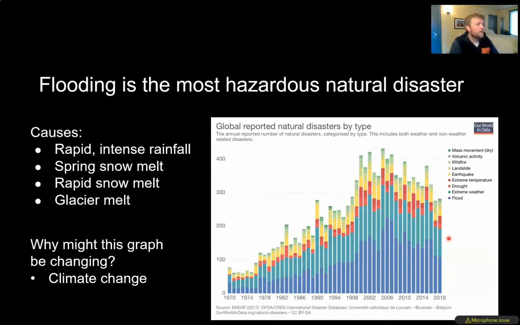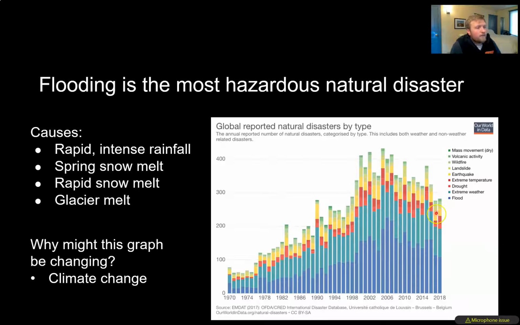So this graph is showing the total number of natural disasters by year, and the color categorizes it by the type of natural disaster. Okay, the dark blue at the bottom is flooding. So a majority of natural disasters, meaning natural events that impact humans, is from flooding.